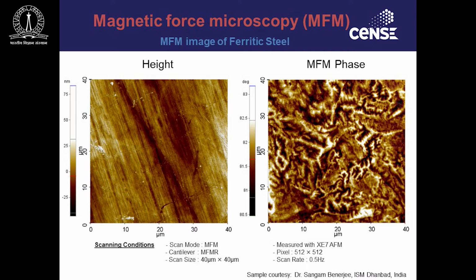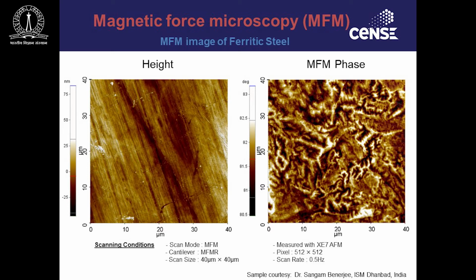Other examples of usage of the atomic force microscopy technique is to do what is called magnetic force microscopy. There are many other modes that you can do. This is one such example where we have shown you magnetic force microscopy. So this is a normal topography image, that's a height image, right?